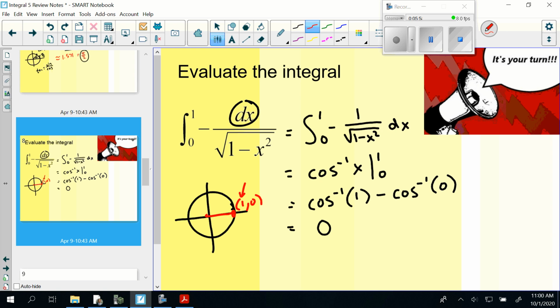The place where it would equal 0 would be here, because that's 0 now as your first coordinate, so that would be at 90 degrees, which is the same as pi over 2. And so the answer on this one comes out to be negative pi over 2.